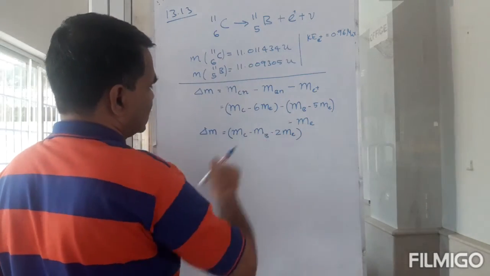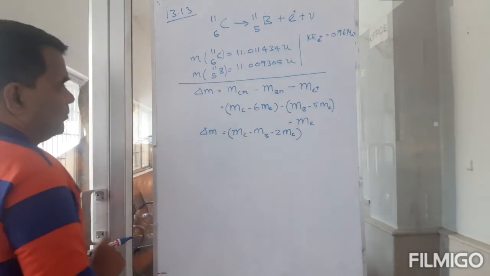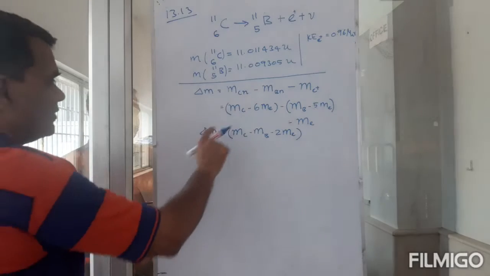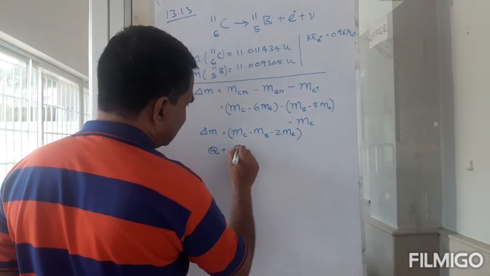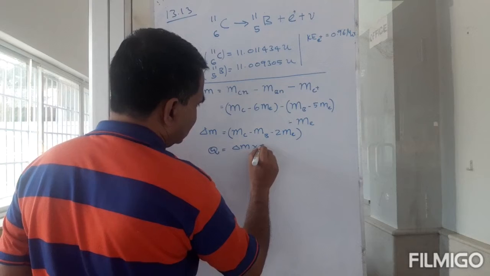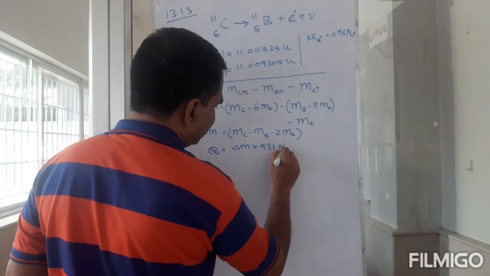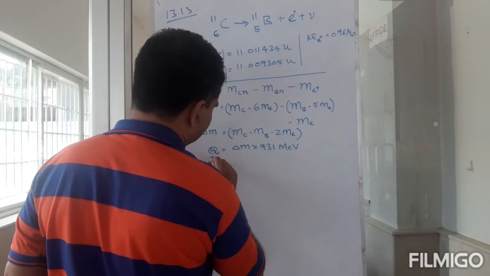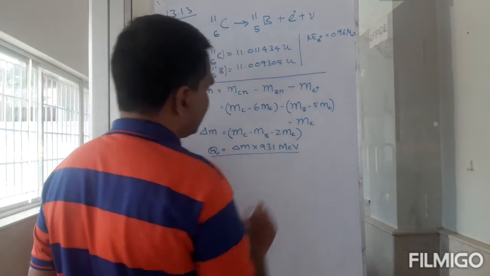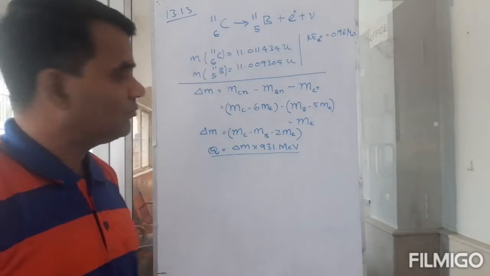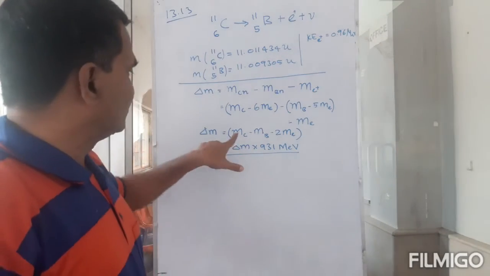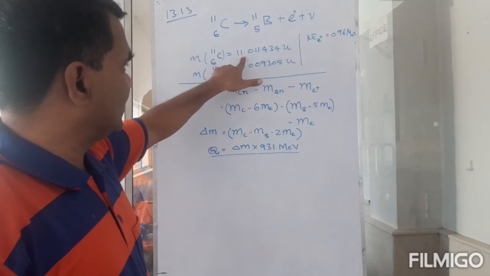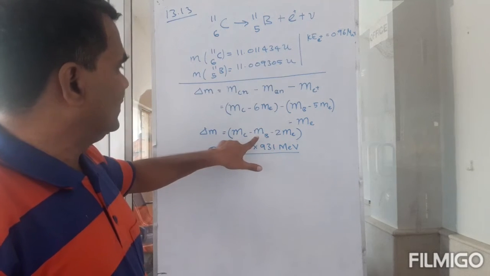So you got this now. Delta M is what you got here. Once you get this, then what is Q? Now Q is simply this delta M times 931 MeV. Simple. Got it? So you will get some number for this. MC is 11.00143.